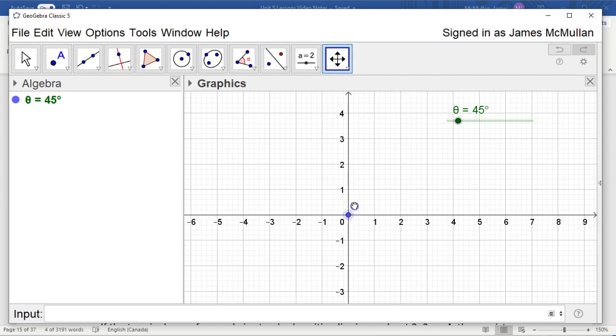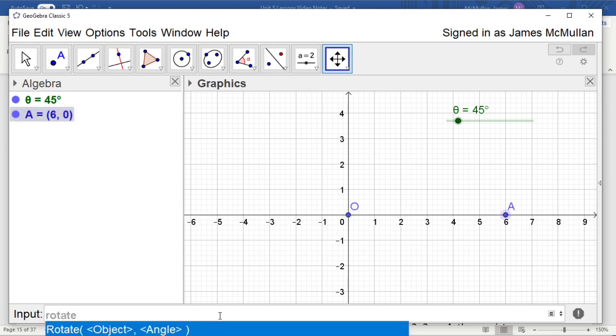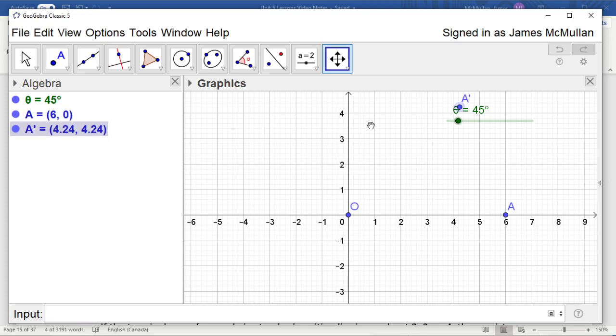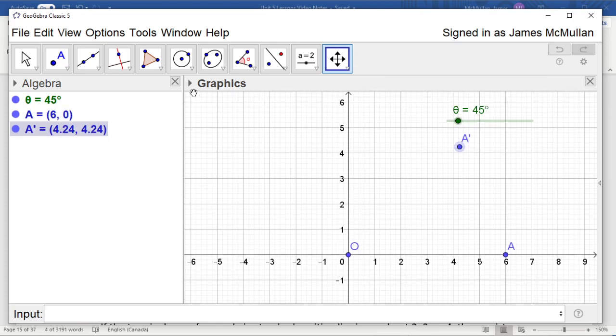So I'm going to create a point O at 0, 0. I'm going to create a point A at, let's say, 6, 0. Then I am going to rotate point A by theta degrees. And this is what we are going to agree is an angle in standard position.